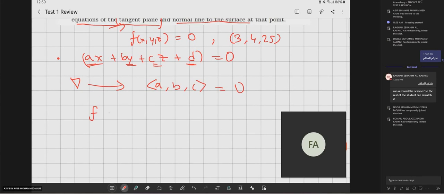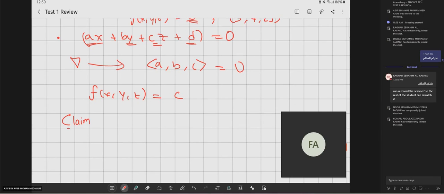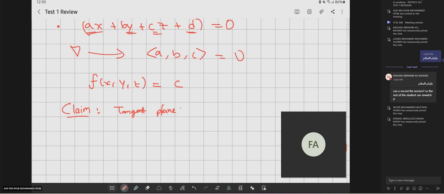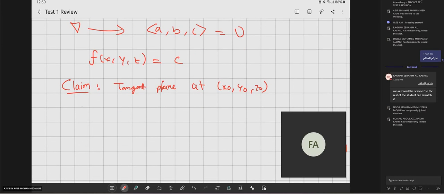So if I'm given a function f of x, y, z equal to any constant, not just 0 as they gave you in the question, I claim that the tangent plane at a given point x naught, y naught, z naught is simply partial f partial x times x minus x naught, plus partial f partial y times y minus y naught, plus partial f partial z times z minus z naught.